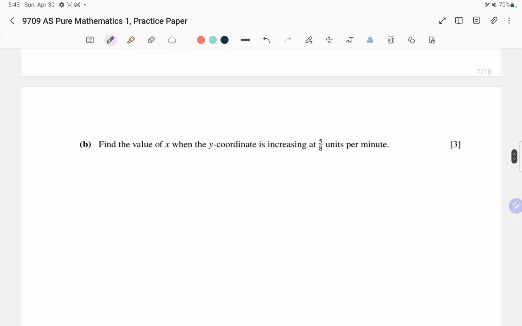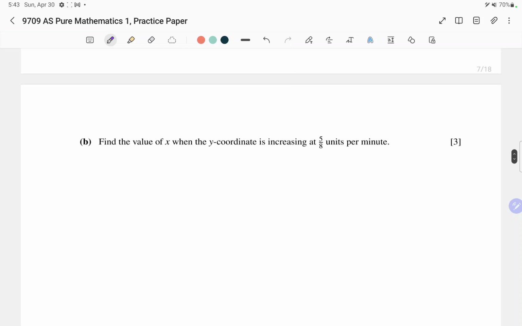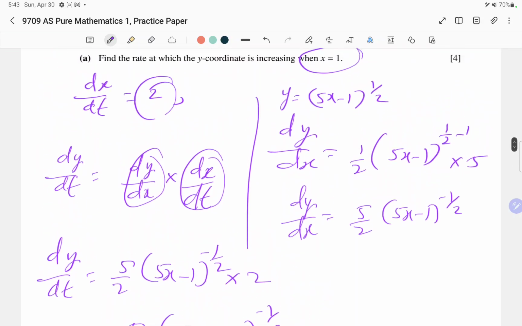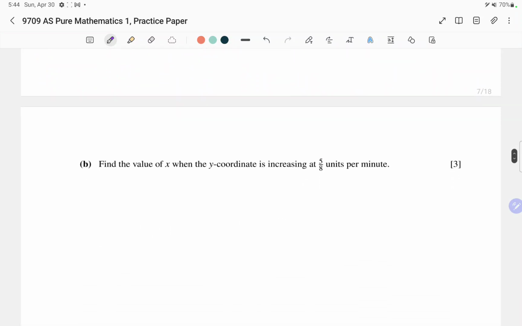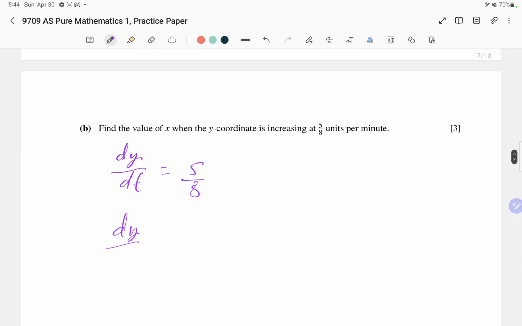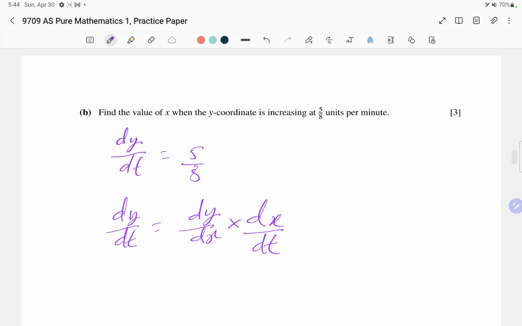Now B part: find the value of x when the y coordinate is increasing at 5 over 8 units per minute. No problem. dy over dt this time is given as 5 over 8. But dy over dt is dy over dx times dx over dt.